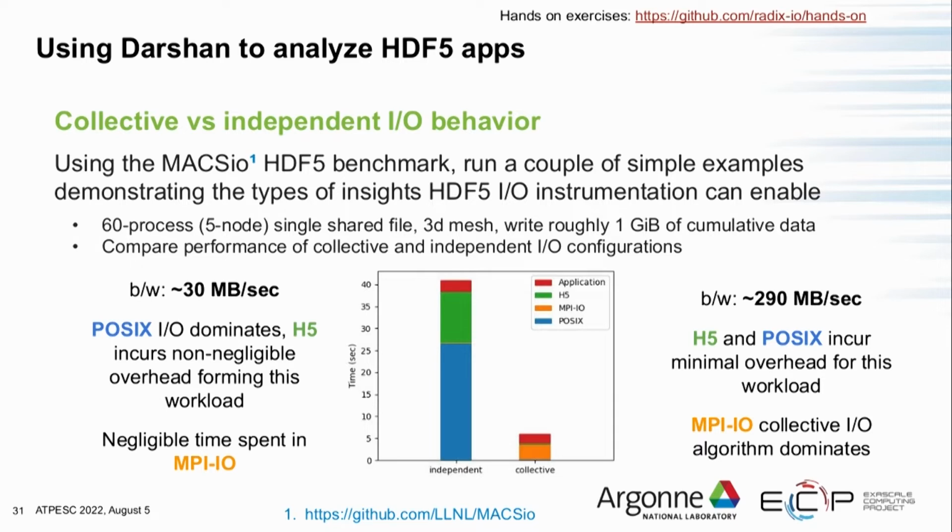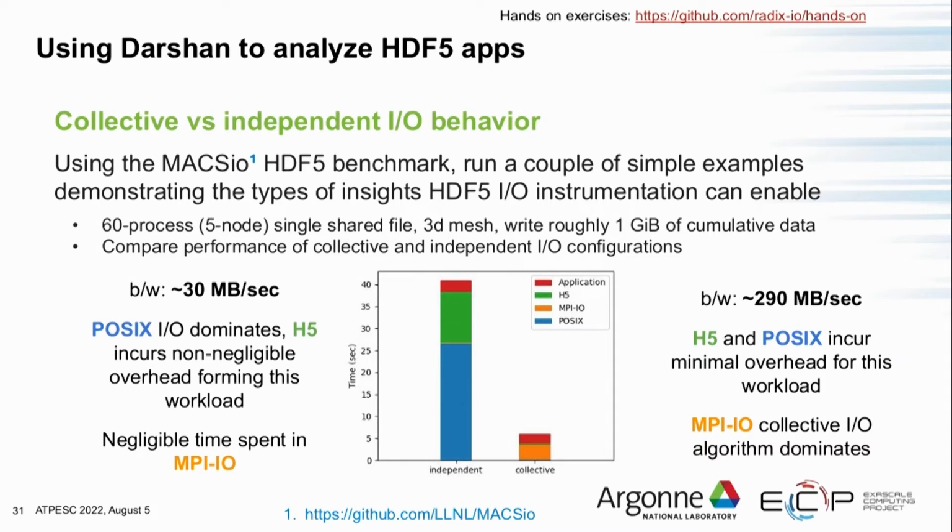On the other hand, on the right side, the collective I/O bar graph is a lot different. HDF5 and POSIX are almost not noticeable. So HDF5 is not spending a lot of time trying to break this down into accesses, and POSIX is obviously getting much more performant accesses issued to it.